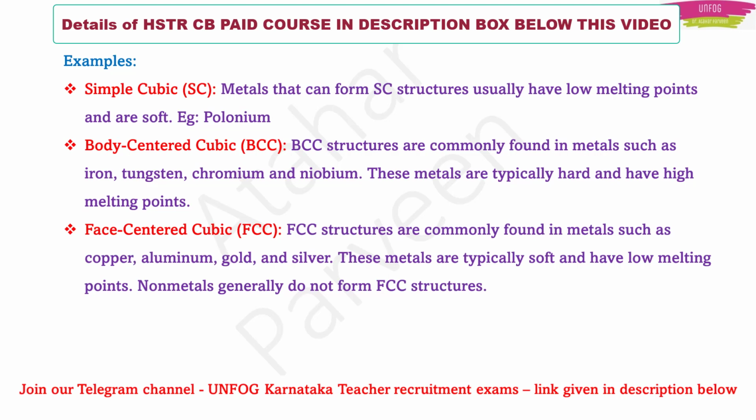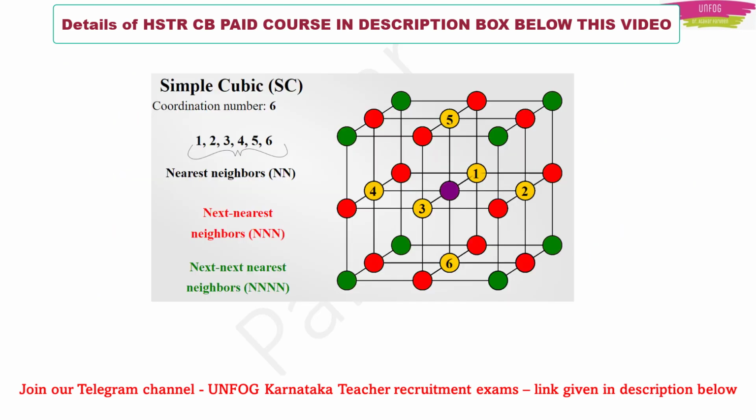Now, as I was telling you about the coordination number, there is one atom, and the number of neighbors of that atom will be the coordination number for that particular structure, right? So here I am giving you a picture so that it becomes easy to imagine. This is the simple cubic.